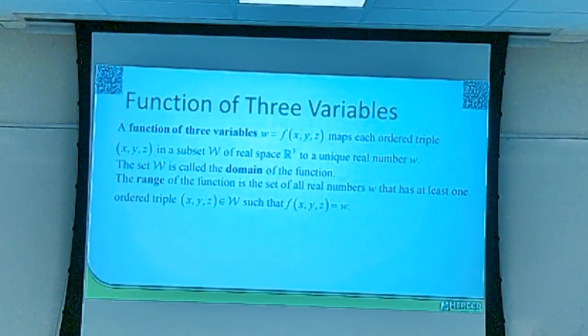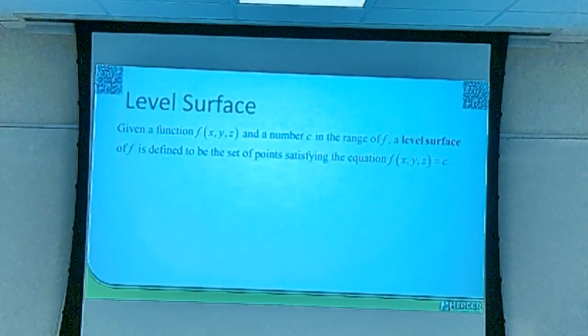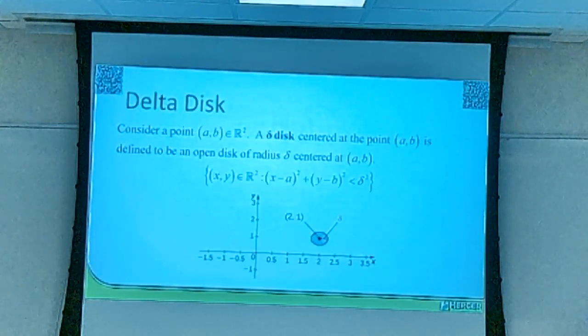This is taking a point in space and giving it a height. Height in the fourth spatial dimension. And there's no way to visualize the fourth spatial dimension. Level surfaces are the same as level curves, except it's now f of x, y, z equals c.